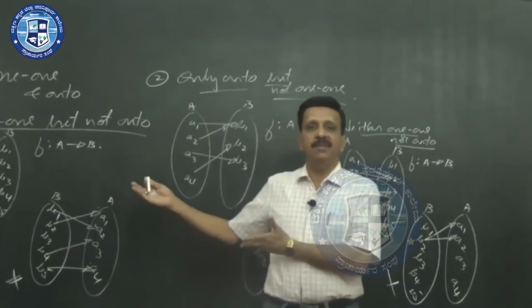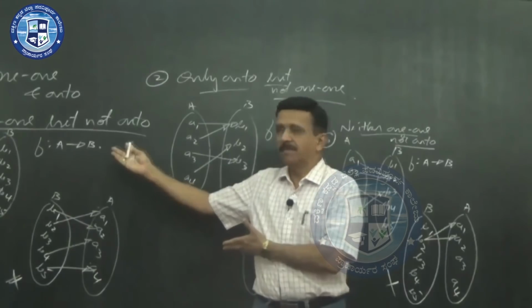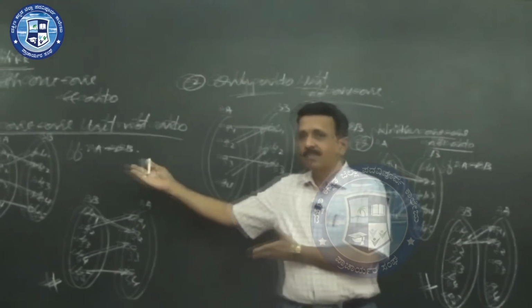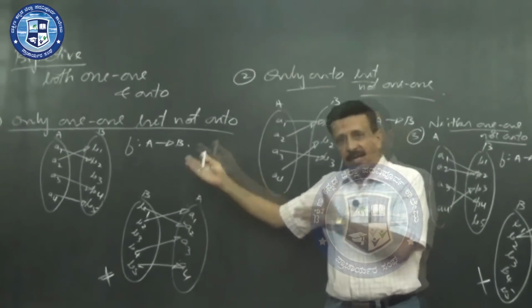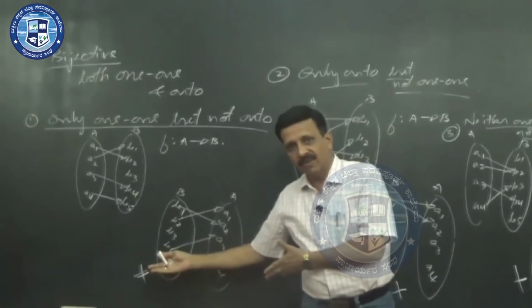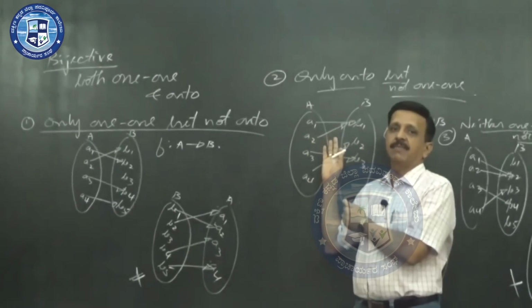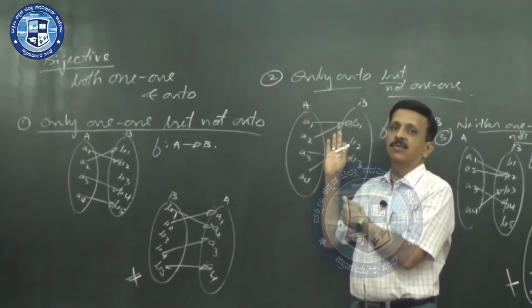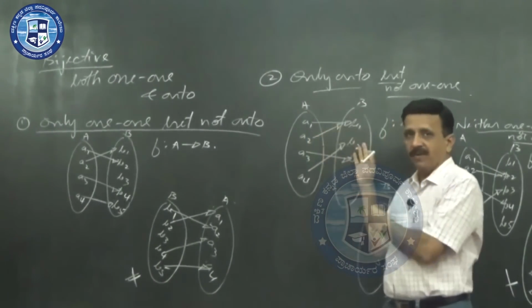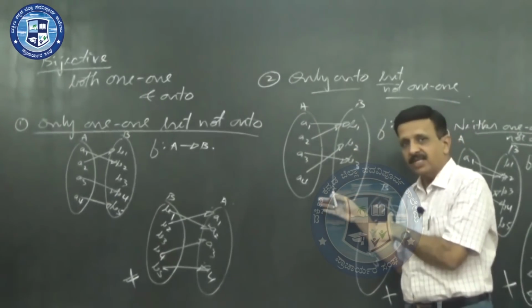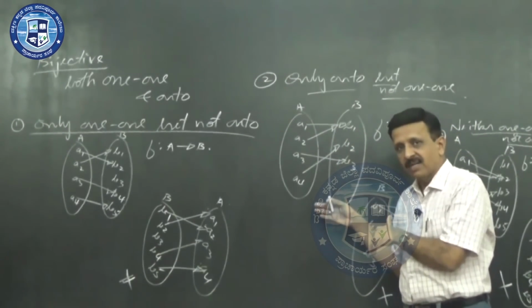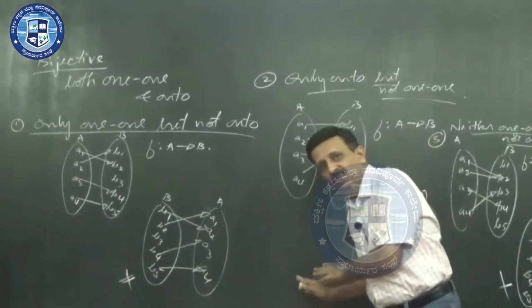See what is happening here. I tried a function which is only 1-1, first example, only 1-1 but not onto. I tried to write an inverse function for that. Inverse function does not exist. Then I took the second example, which is only an onto function but not 1-1. I tried to write an inverse function for that, but the inverse function does not exist.